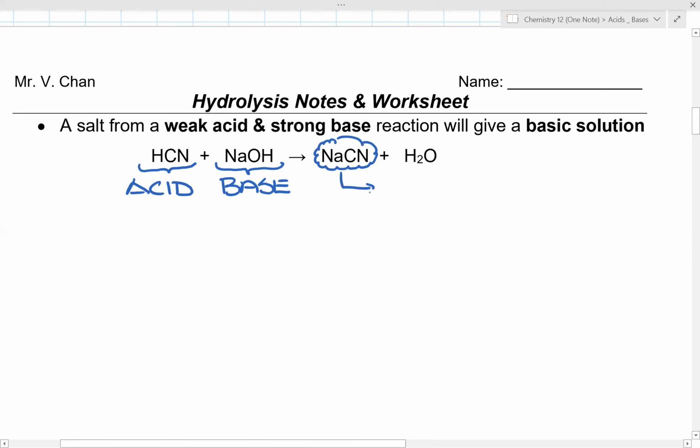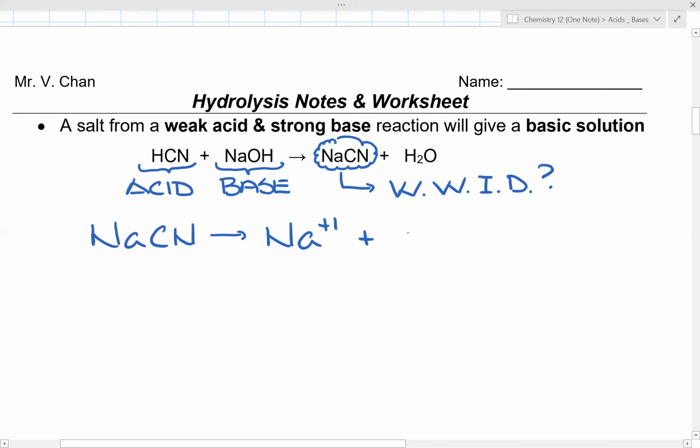Again, what you want to do is take a look at what the ions would do. Sodium cyanide is an ionic solid, so it would break apart into sodium +1 and cyanide ion -1.